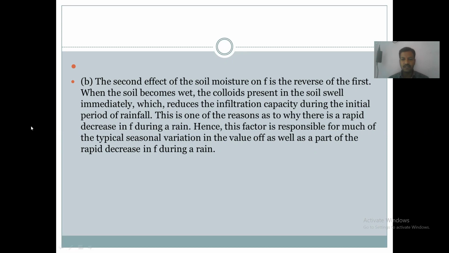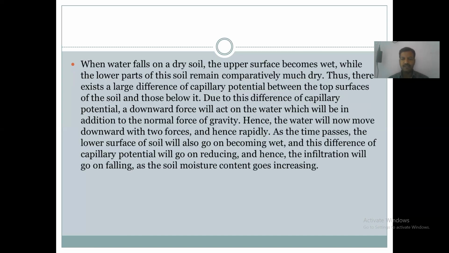This is also a factor responsible for the reduction in infiltration capacity due to swelling of the soil. This is the effect of soil moisture contained in the soil.